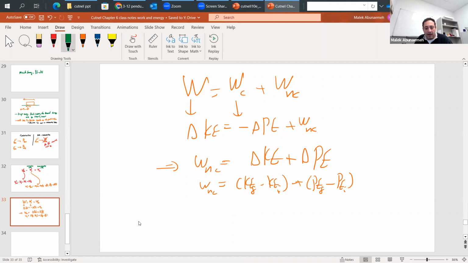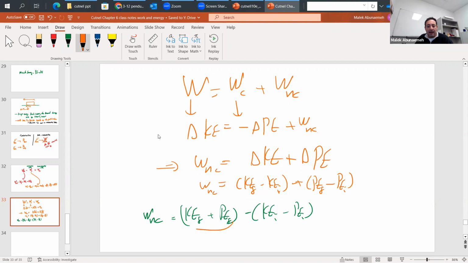So that means it's going to equal your kinetic energy final plus your potential energy final minus your kinetic energy initial minus potential energy initial, which this is defined as your final energy and this is defined as your initial energy. So from these two, your non-conservative work is going to equal your final energy minus your initial energy.